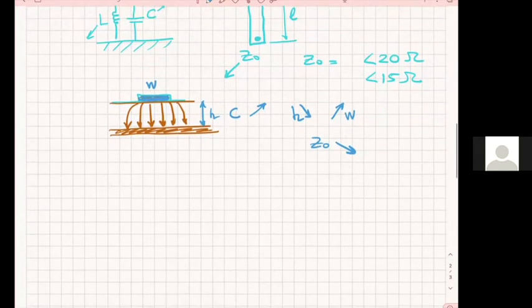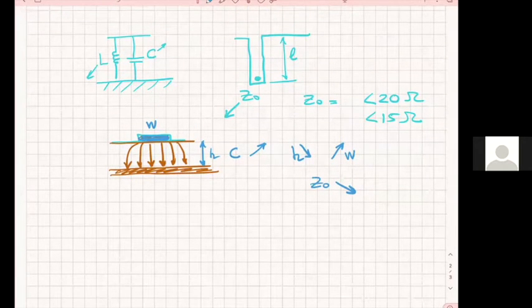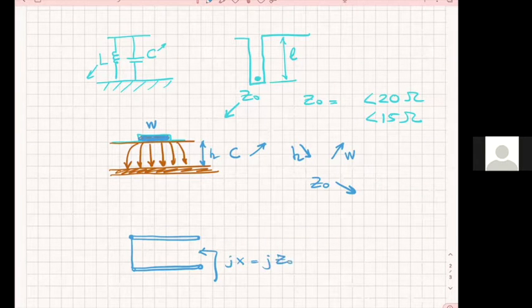So now I have to think, okay, I have a very small L. If I have to realize an inductor using a shorted stub, and this inductor is very low, how much is the inductor value? Here, jX will be jZ0 tan(βL), and my X will be ωL.